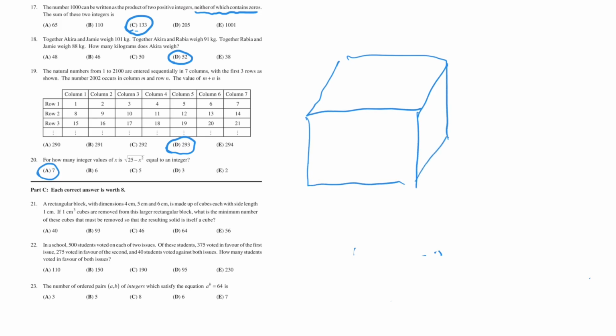The original rectangular block has side lengths 4, 5, 6. Now we remove small blocks one by one to form the new shape.